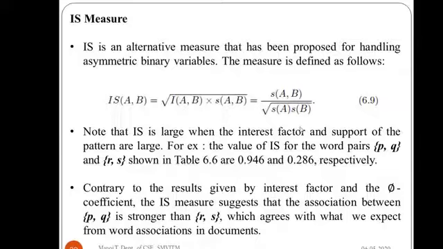For P and Q, you just substitute the support of P comma Q divided by support of P into support of Q. Similarly for R and S you can compute. So contrary to the results given by the interest factor and the correlation coefficient, the IS measure suggests the association between P and Q is stronger compared to R and S.